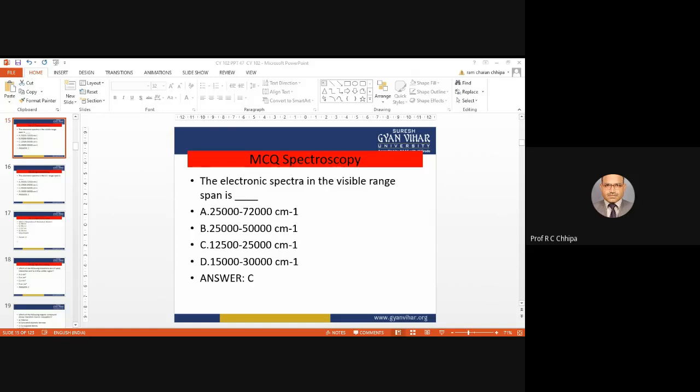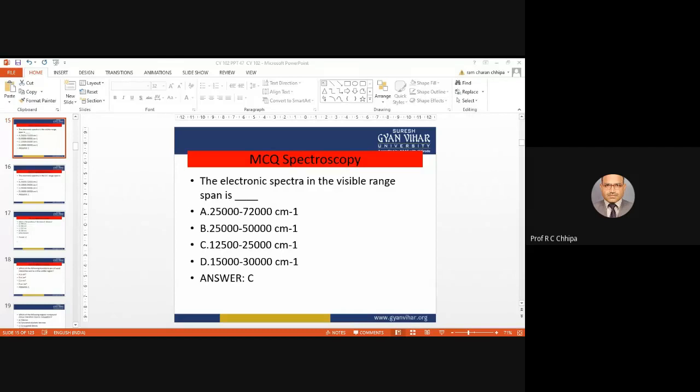Here, wave number. Think of it like the number of students in a class: 60 students are present in one room. Similarly, per centimeter, waves are present.